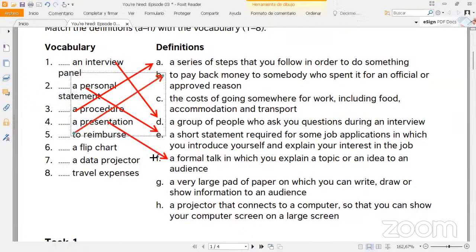A flip chart. Letter C. No. Letter G. Okay. Are you familiar with a flip chart? No. Okay, maybe you didn't have the opportunity to use this kind of chart.